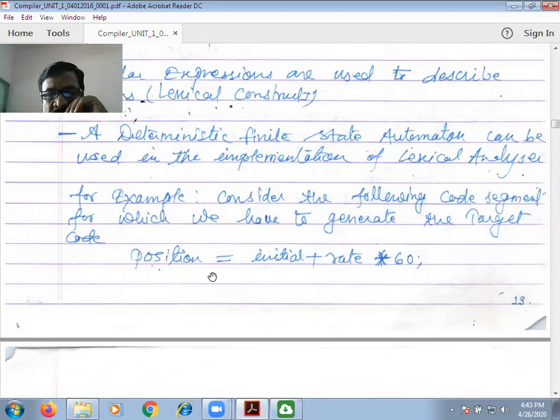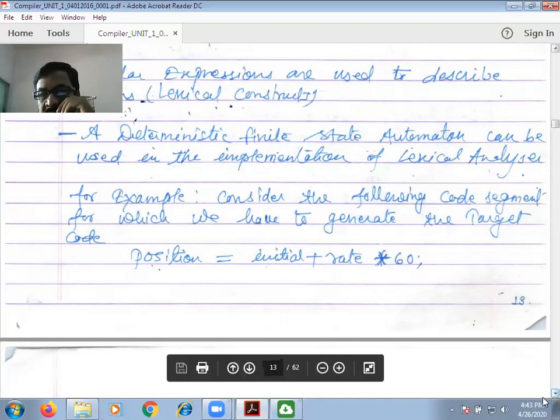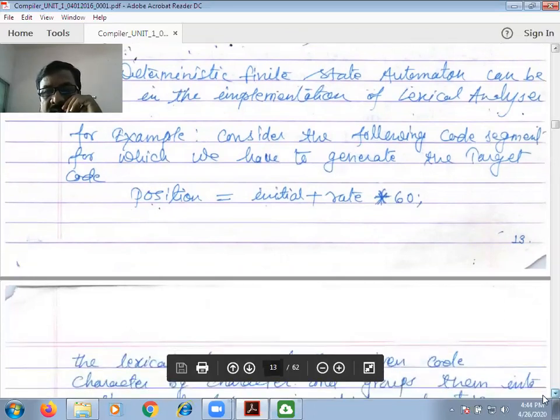The input to the lexical analyzer is a character stream, which is of the type position equal initial plus rate into 60 and semicolon. This complete string or character stream is fed as input to the lexical analyzer.